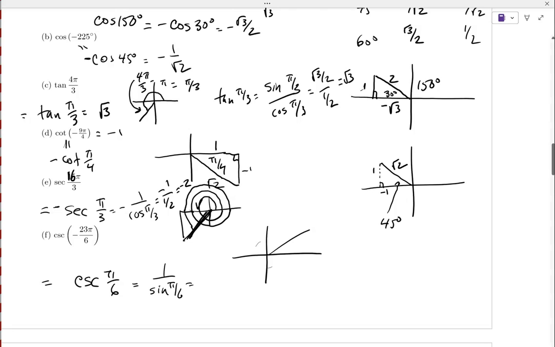Sine of pi over 6 is 1/2. Good. So we end up with 2. So again, once you know what the reference angle is, you know what the sine and cosine are, and you just have to figure out if it's positive or negative, depending on what quadrant you're in. Does that make sense? Are we okay with that? Okay.